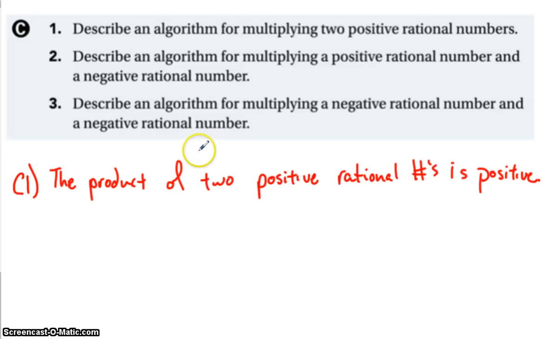Okay? And then let's take a look at C2. So I'll write this one in a different color. So C2, and it says describe an algorithm for multiplying a positive rational number and a negative rational number.